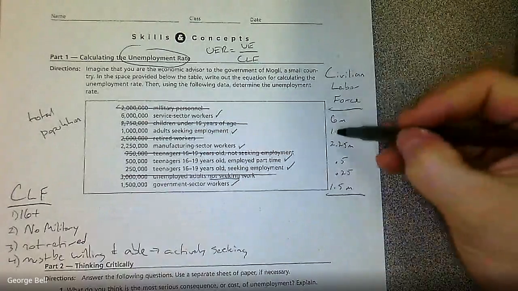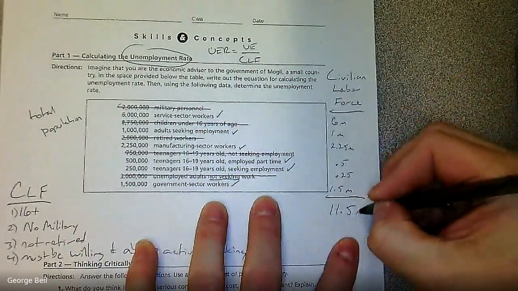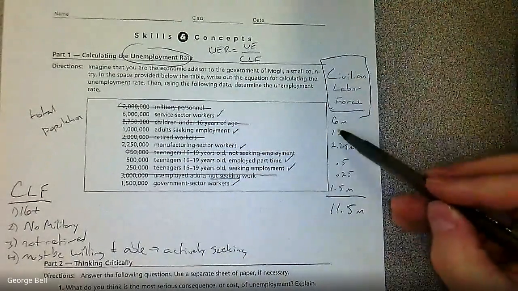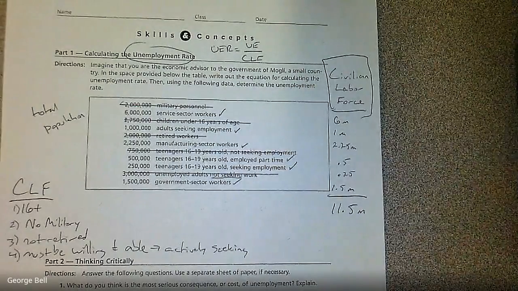So the sum of this is 6, 7, 8, 9, 10, 11.5. That's right. So 11.5 million members of our civilian labor force.